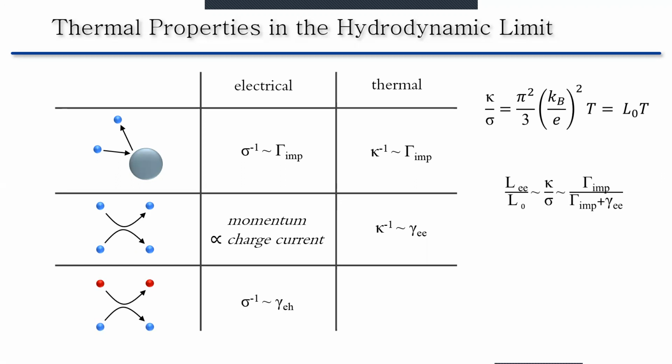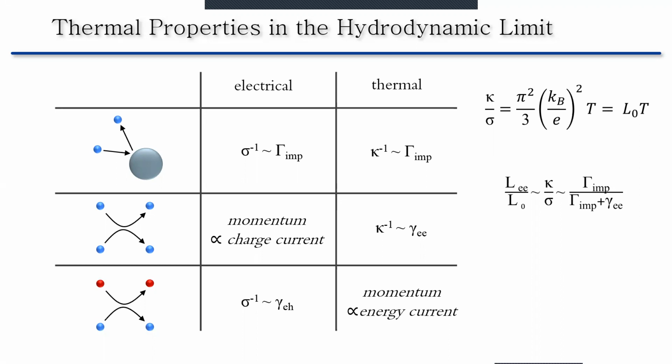On the other hand, if you apply a thermal bias in this situation, you generate co-propagating electron-hole pairs. And those co-propagating pairs carry a net momentum and energy, but they don't carry any charge. So in this case, momentum is conserved, and therefore the energy current is actually conserved. And so our thermal conductivity shouldn't pick up this factor.